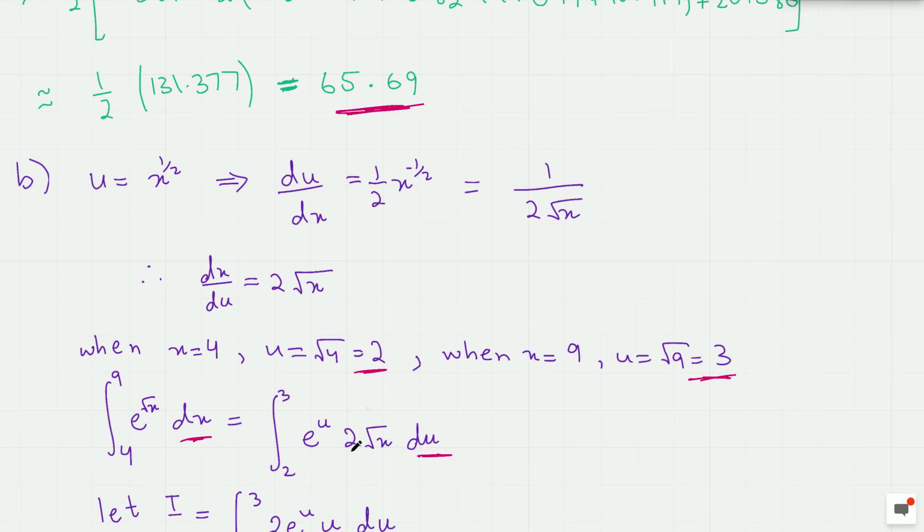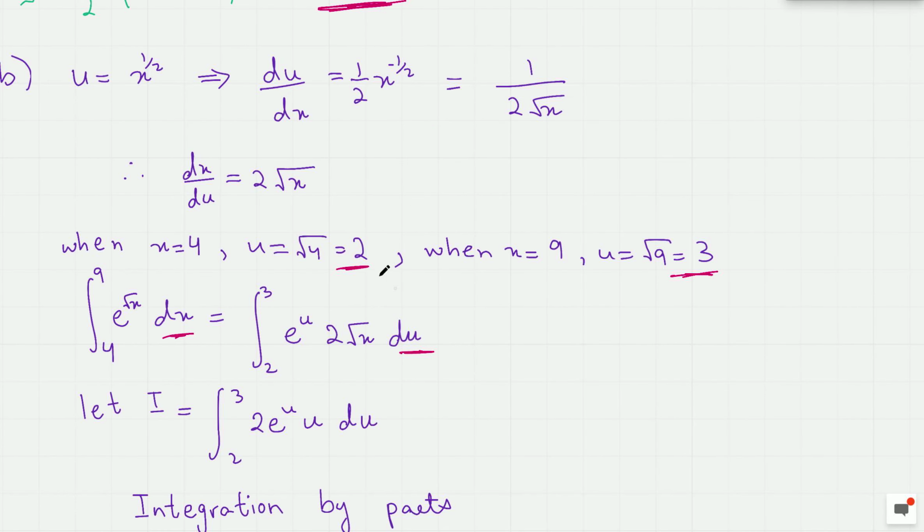So dx over du is 2 root of x multiplied by du. We do this because in this equation we had dx, and here we found dx over du, so we can say that dx equals 2 root of x multiplied by du. So basically we're replacing dx by this here.